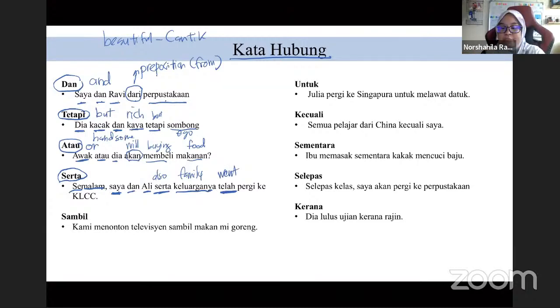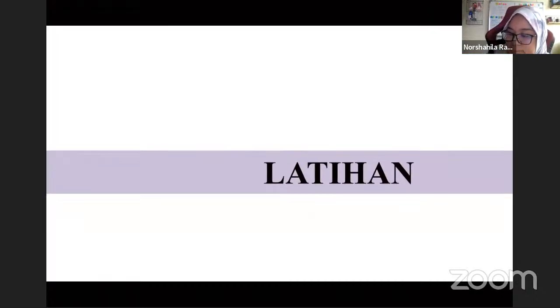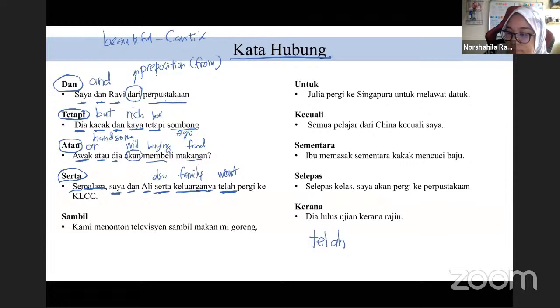Okay, past, present and future. So in Bahasa Melayu, we don't have like the "ed" ending. So the word that we use normally, if you want to refer to the past, is telah or sudah. Okay, so telah or sudah means past.